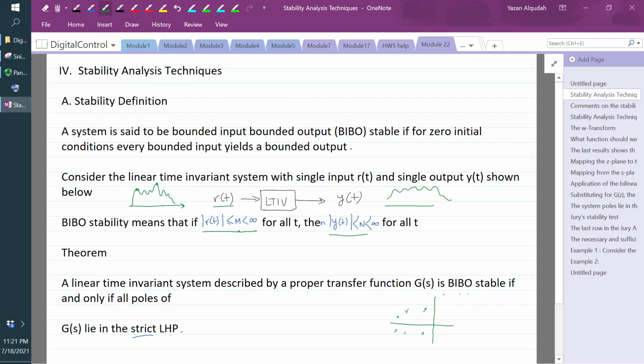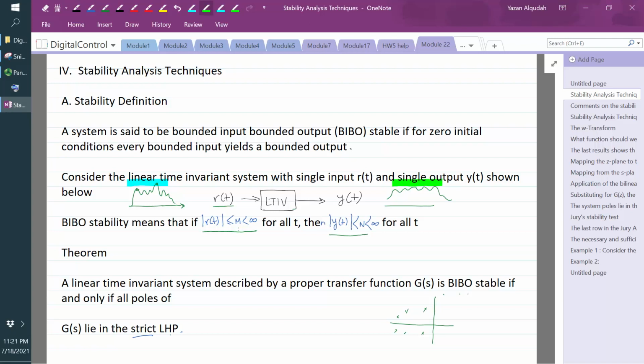It has an upper value that is M, and then the output should have an upper value that we call N. So if the input is limited by a value, the output has to be limited also by a value. Therefore, a bounded input should always give me a bounded output.